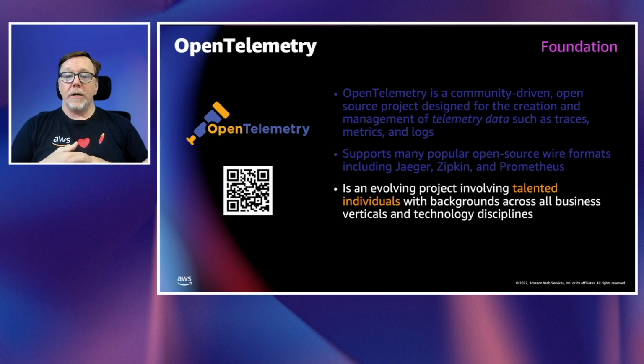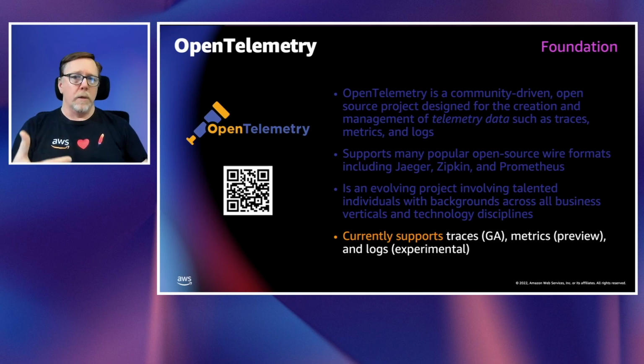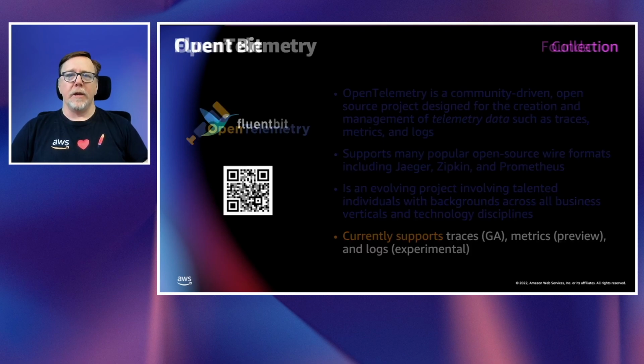It's an evolving project, a lot of different people contributing to it, and we'll get to the Amazon distribution for OpenTelemetry, which brings it into a more managed situation. Currently works with traces and working on metrics and logs, but not entirely there yet.